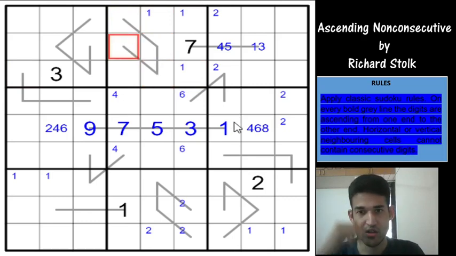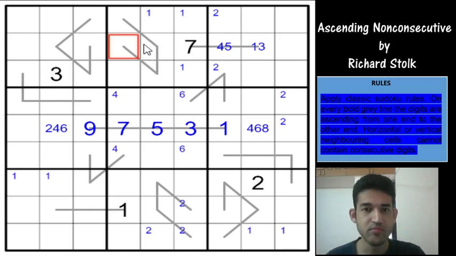Okay, lots of small information. So how do we use this? So if I have a 3 here, this becomes 5. I don't see any issue.